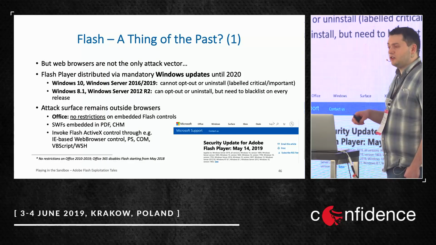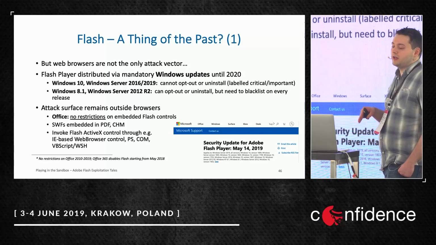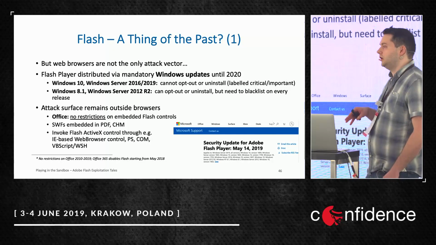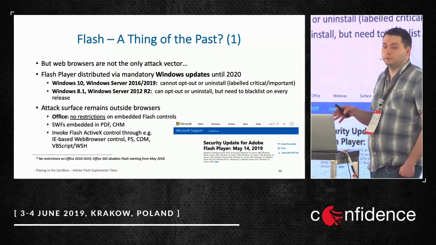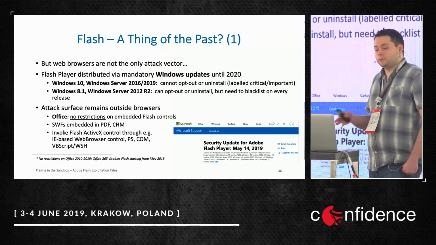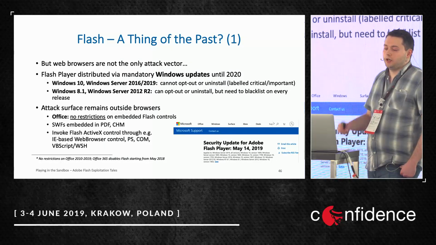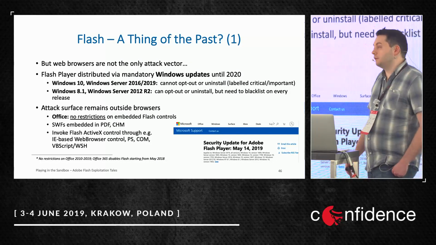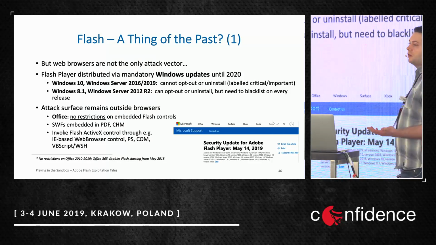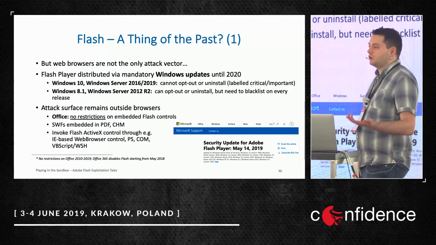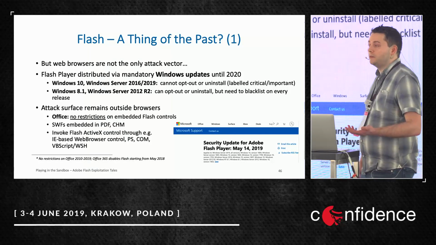This is especially a problem for Windows 10 and Windows Server 2016 and up, because you cannot opt out or uninstall Flash Player. On Windows 8.1 and Windows Server 2012 R2, it's a little bit better, because you can actually uninstall Flash, but you will need to do so with each Flash Player update.